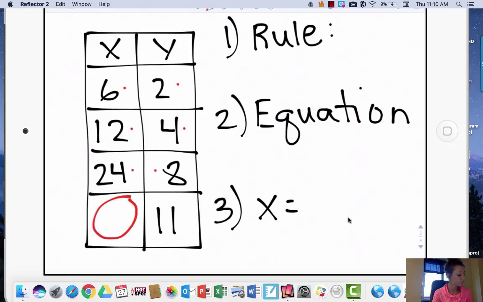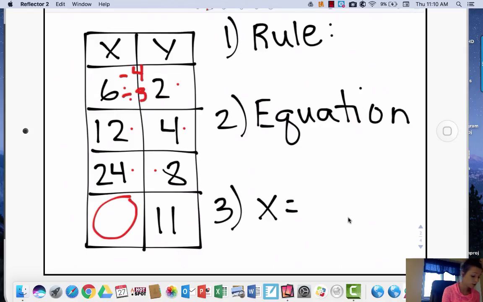First thing, I need to figure out if I'm increasing or decreasing. Well, to go from 6 to 2, I'm decreasing. So I can either subtract 4 or divide 6 by 3. 12 to 4, I'm decreasing.